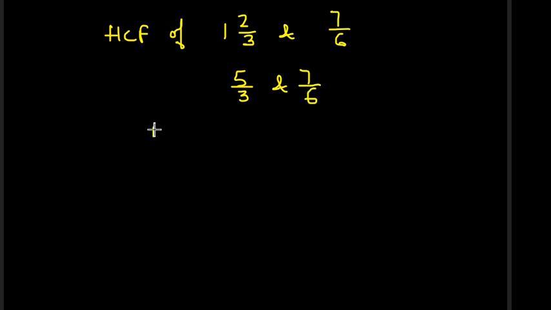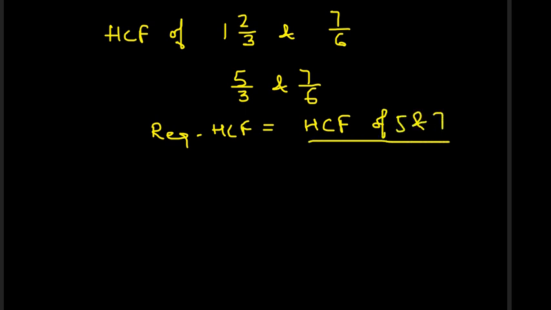So the required HCF is HCF of 5 and 7, and LCM of 3 and 6. Since you know 5 and 7 are co-prime numbers, and co-prime numbers always have HCF 1. So here 1 is the HCF, and LCM of 3 and 6 is going to be 6 because 6 is a multiple of 3 also. So the answer is 1 by 6.